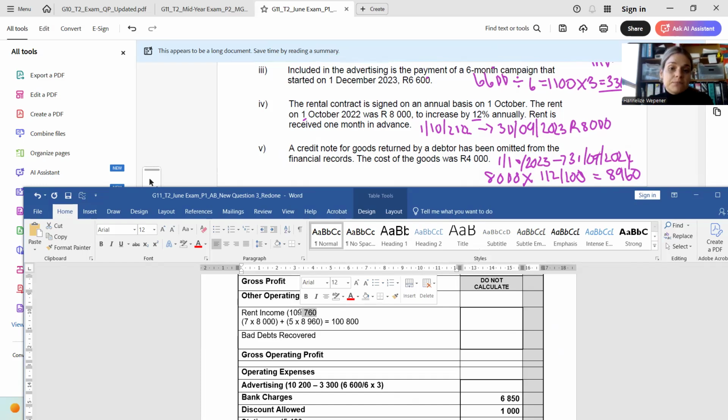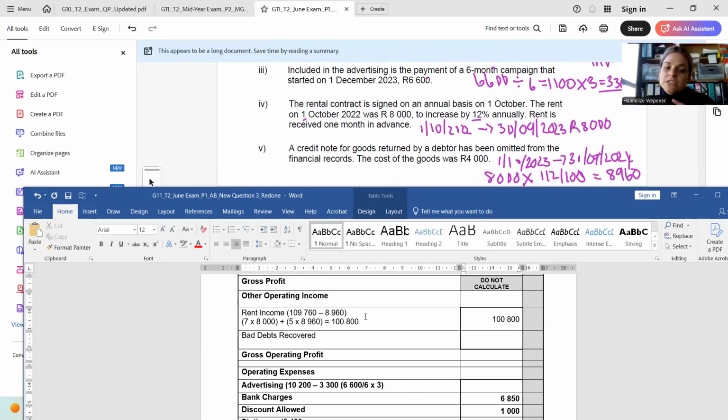And that makes sense because they told you 1 month is received in advance. That's what it should be. So it means that you need to minus 8,960 from what you have there at the moment, because you received that 1 month in advance, so that your SOCI reflects only the 12 months that you should have received.